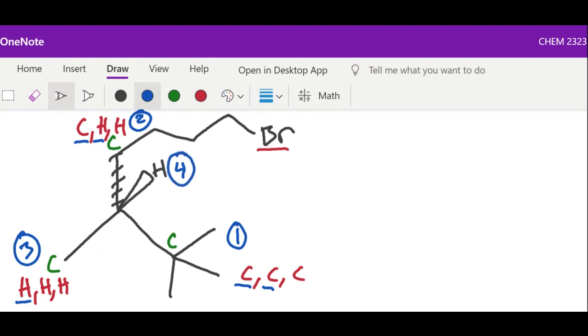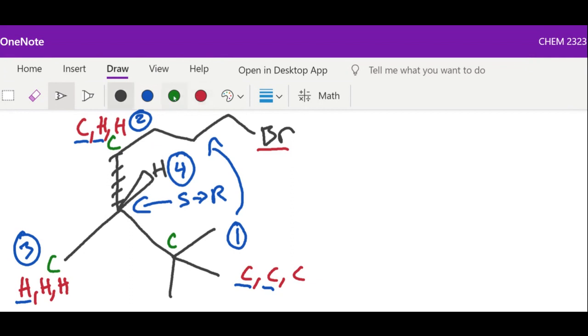Okay, and then doing chirality, go 1 to 2. It's going to be counterclockwise, so this is going to be S. Well, it should be S, but our fourth lowest priority group is on a wedge, so it's actually going to be an R. And I'll explain the different cases for our fourth priority group.